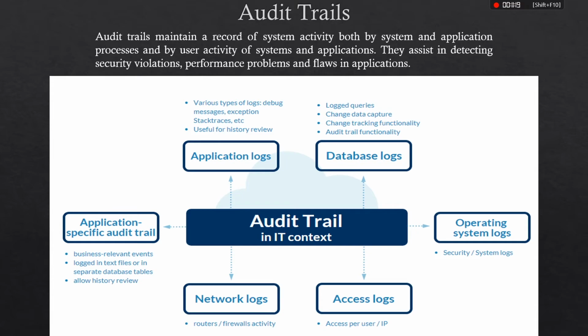And lastly, we have network logs, such as routers and firewall activity. So this network equipment generates a lot of data that may be seen as part of the audit trail, although most of the time the data they produce isn't related to what an auditor is looking for.